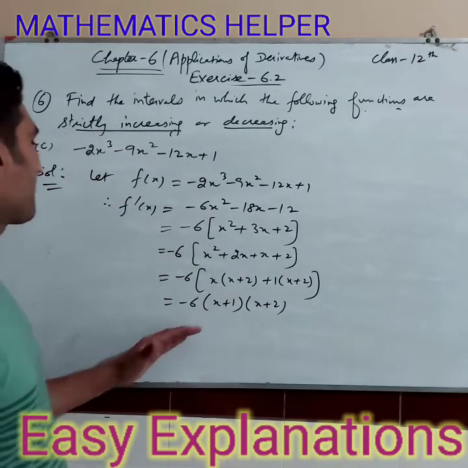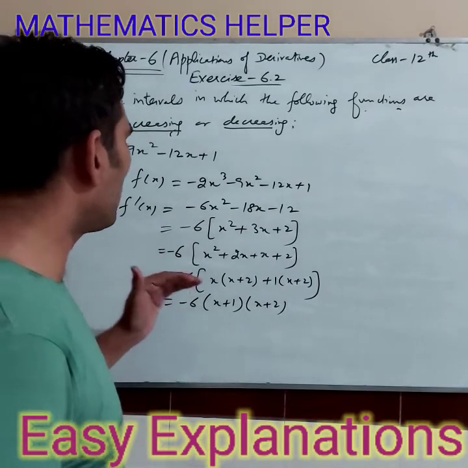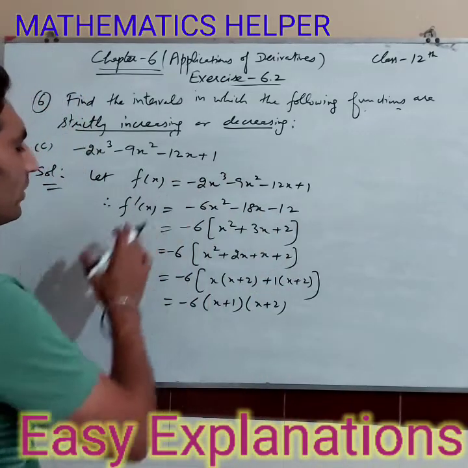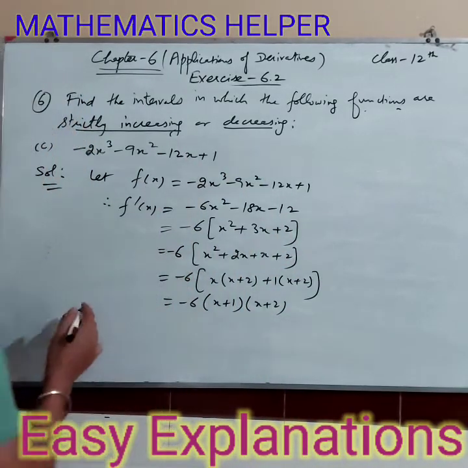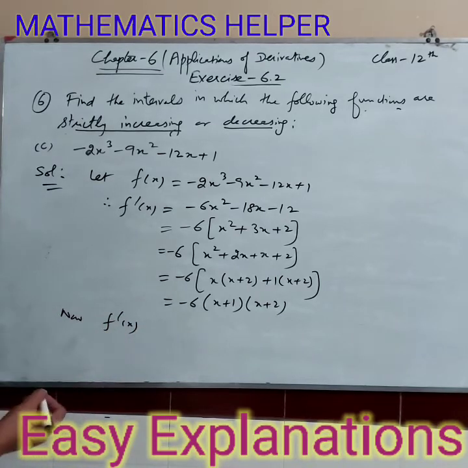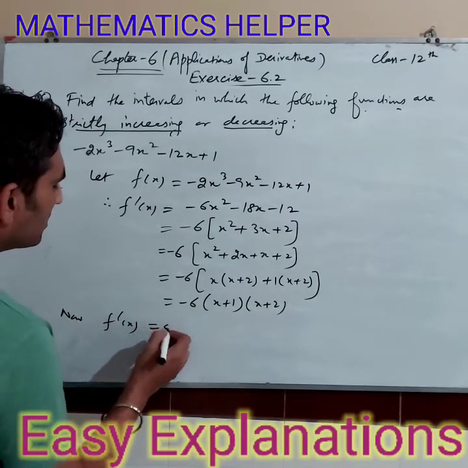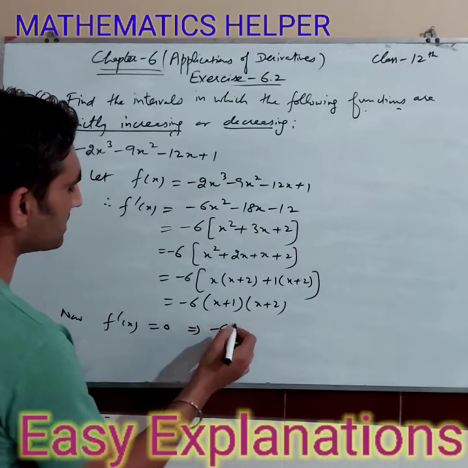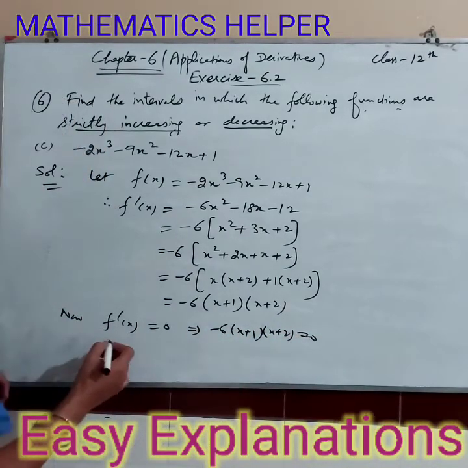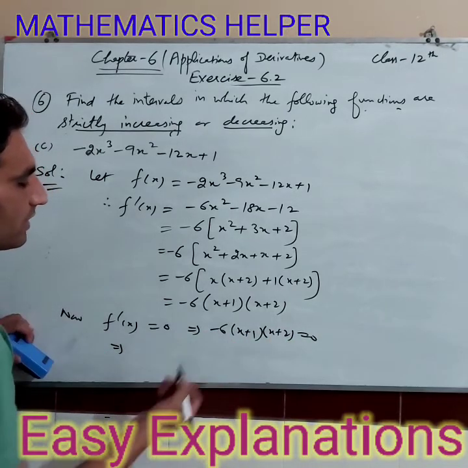So here we have the derivative. Now what should I do to get the answer of this whole expression? There is no interval given, but one thing is quite clear: we will write derivative equal to 0, which we did earlier in the previous questions. So derivative equal to 0 means minus 6 into x plus 1 into x plus 2 equal to 0. When you shift minus 6 below, it will be 0.